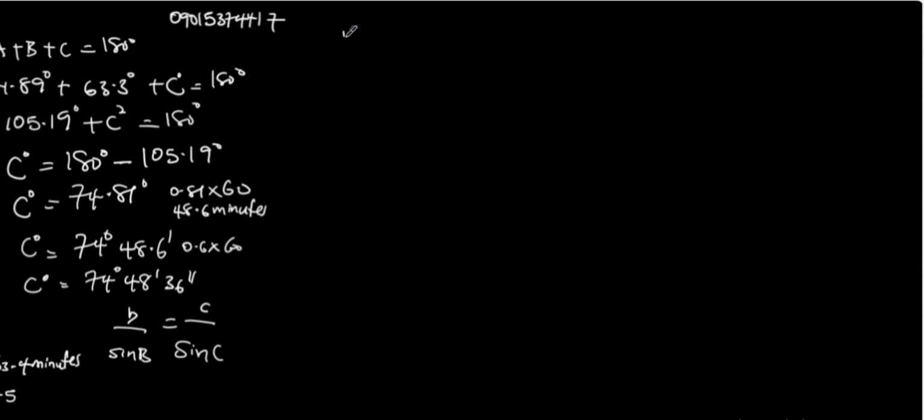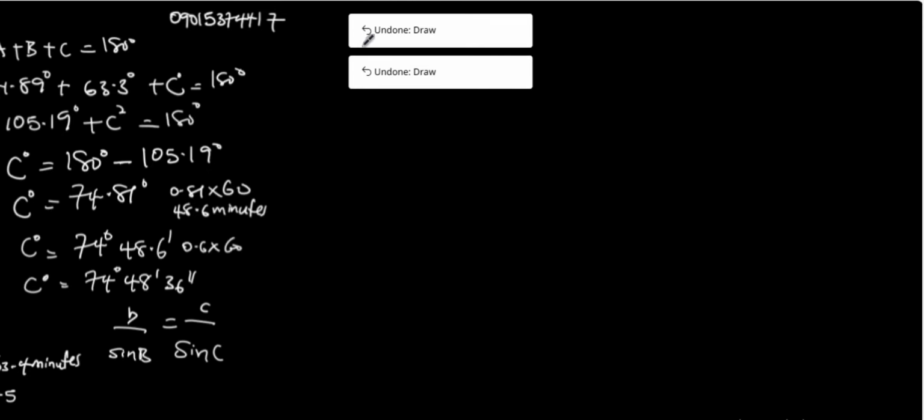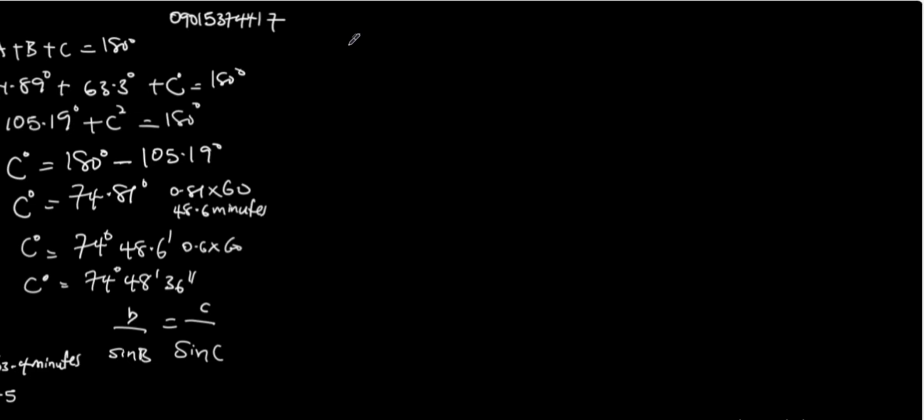So I have B over sine B, that means 9.5 over sine 63.3 equal side C over sine C, which for purpose of calculation is 74.81.